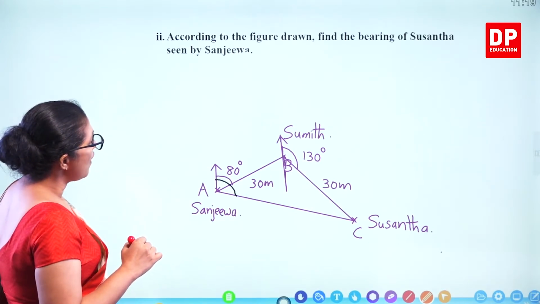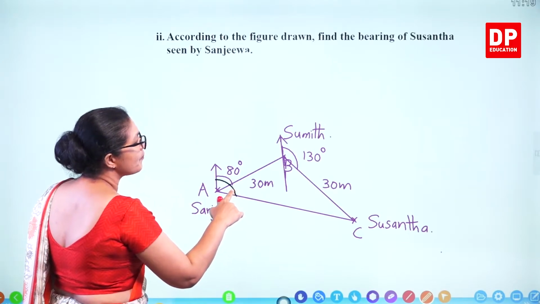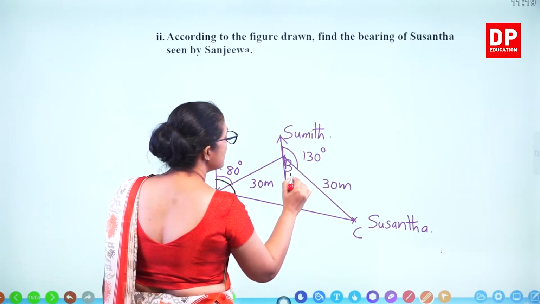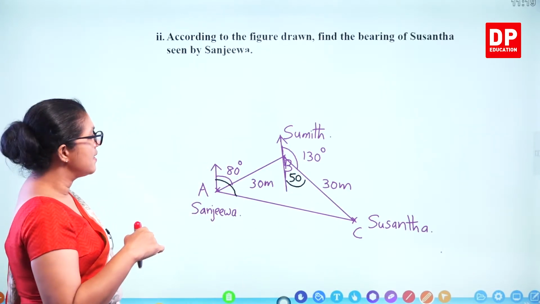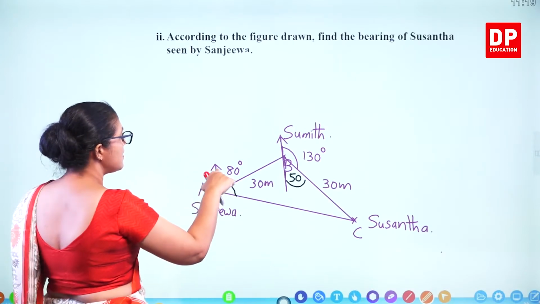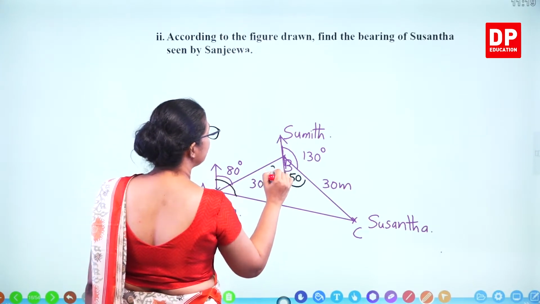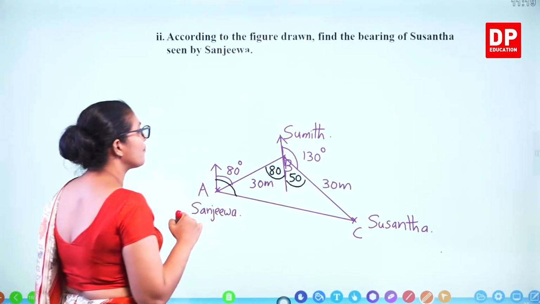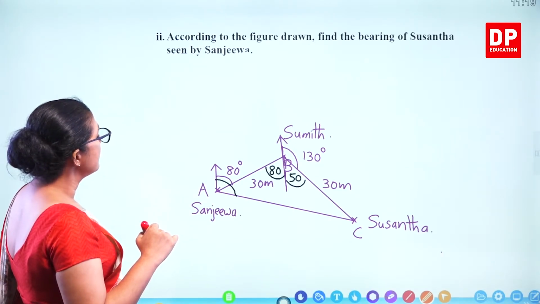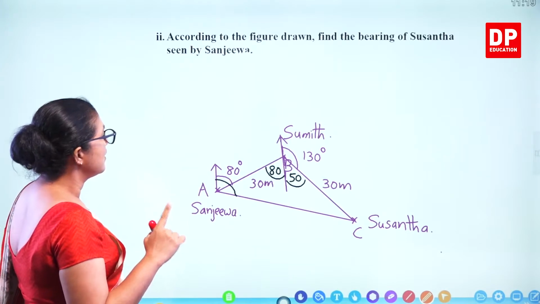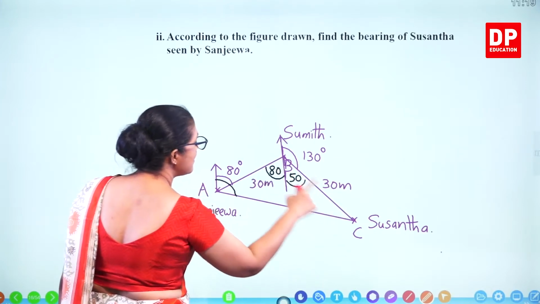So how can we find out that angle? This is 80, but we need to find out this angle. So 130. So this is 50. 180 minus 130. This is 80. And this becomes 80. Can you see? This is an isosceles triangle. This is 30, this is 30.